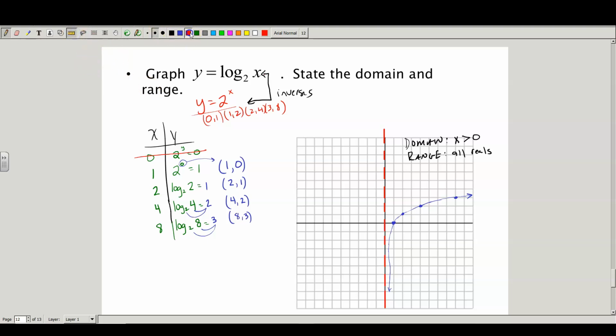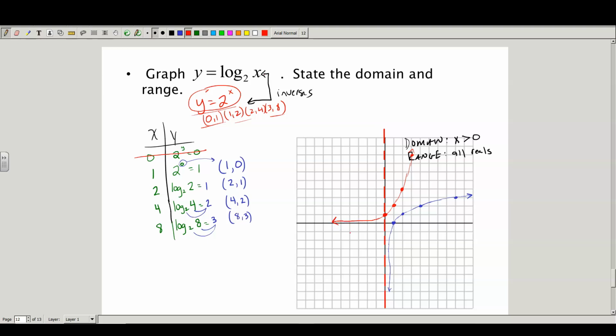If I were to graph the y equals 2 to the x next to this one, let's go ahead and plot these points that I put up here. 0, 1 is right here. 1, 2, 2, 4, and 3, 8. It's like up here. This is going to be like exponential growth. It's going to go up fast, and it's going to level off down here.